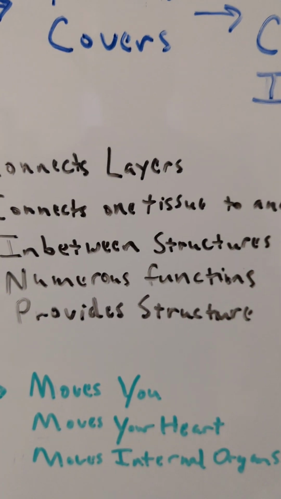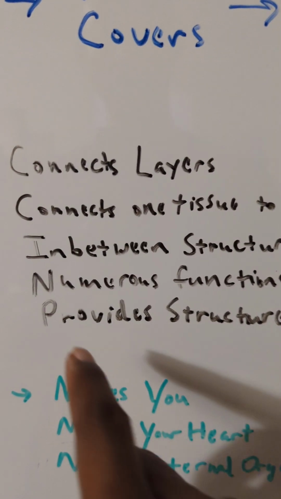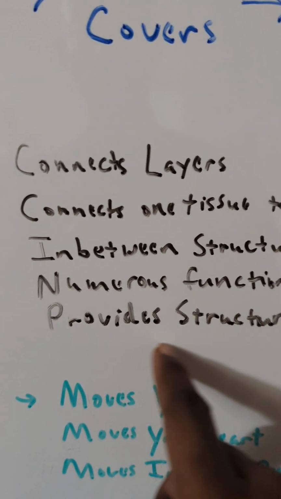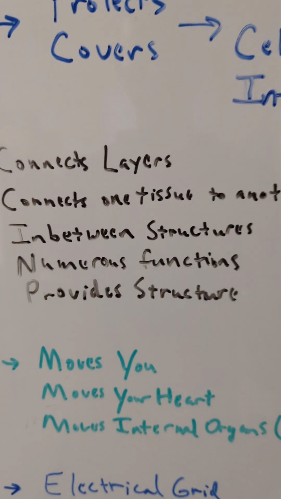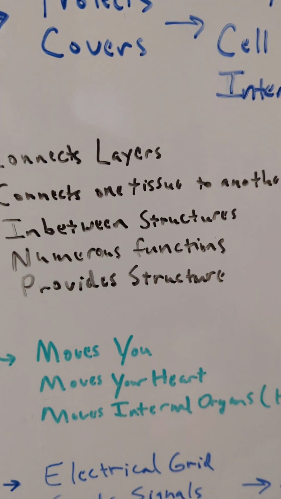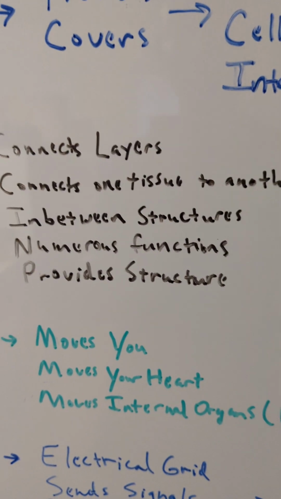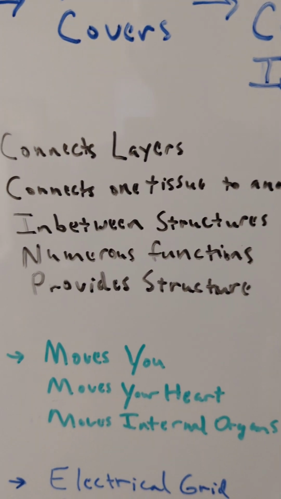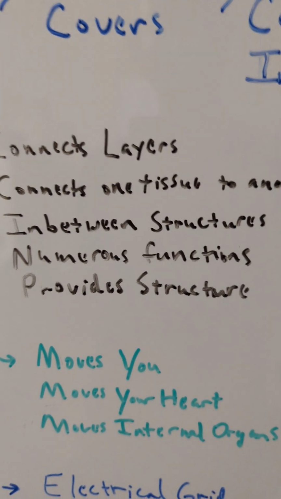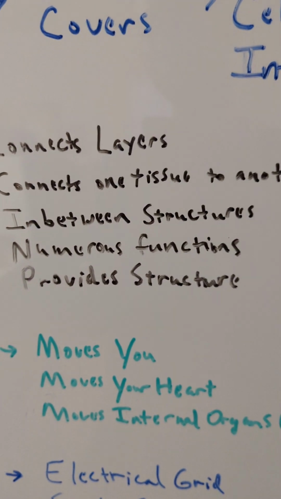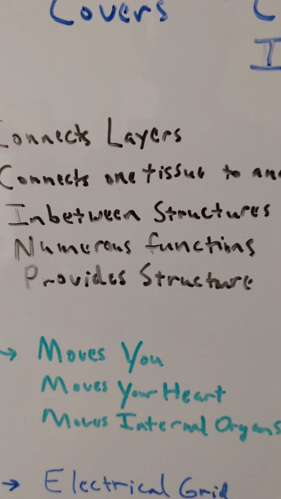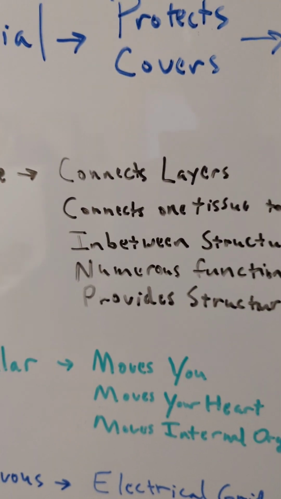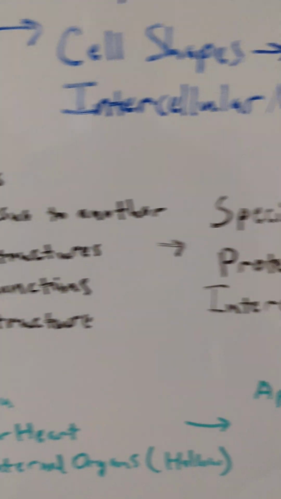You find that as you're learning the different types of connective tissue. And also, connective tissue provides structure to the body. So it's not just there to cover and protect, it's also there to give shape to different organs. It's the whole reason why a spleen is shaped like a spleen or a liver is shaped like a liver. It's because of connective tissue.